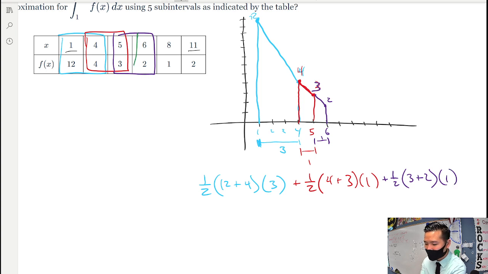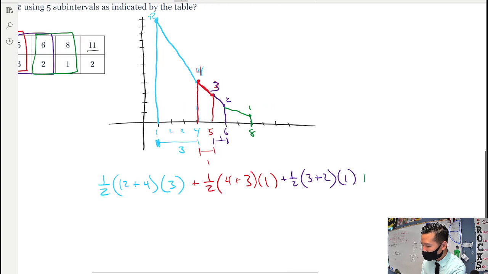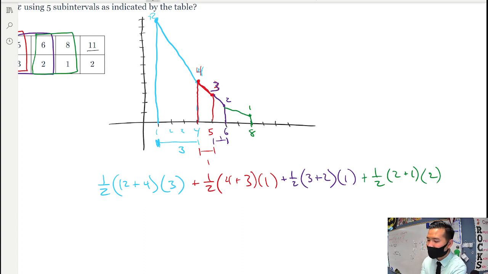Next one, let's do green from here to here. So that would be from 6 to 8 now, won't it? 8 goes up to what? Boom, like that. That's another trapezoid. That's going to be plus 1/2, 2 plus 1 times 2. We're almost done. Okay, now we'll do pink. Pink goes all the way up to 11, 8, 9, 10, 11, which is right here, and it goes up to 2, which is up there.